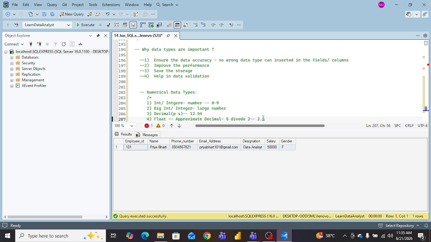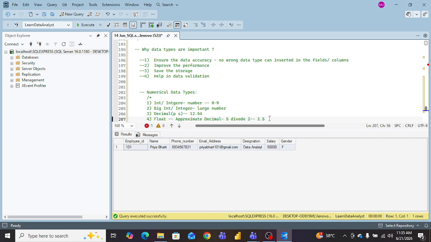Okay, this is because 5 is a float value. Got my point? Because it's not divided like a 4 divided by 2. 4 divided by 2 is 100% divisible, so there is no float value. Am I right? Okay, so this is like a decimal.